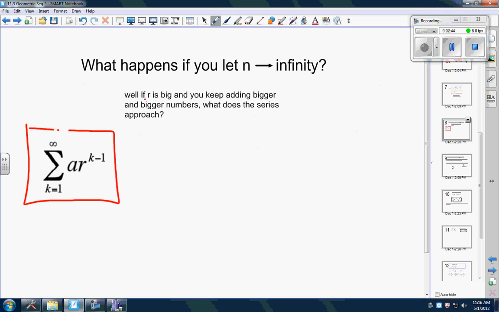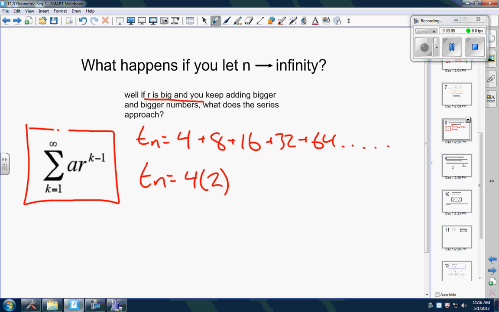Now, if r is big and you keep adding bigger and bigger numbers, what does the series approach? For example, let's say I gave you the series 4 plus 8 plus 16 plus 32 plus 64 and so on. Clearly the ratio is 2. We raise it to the n minus 1.